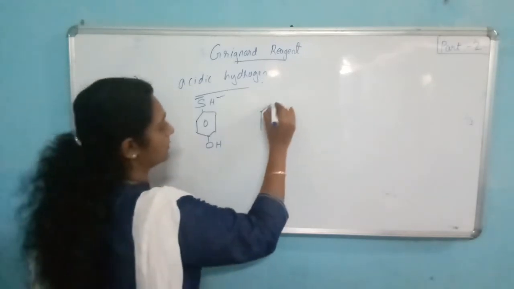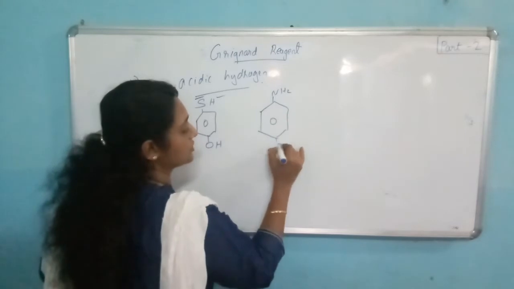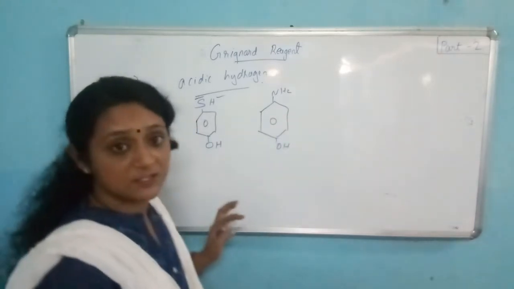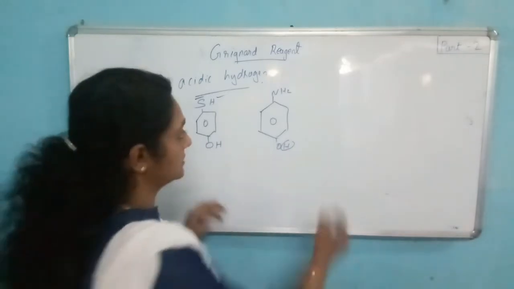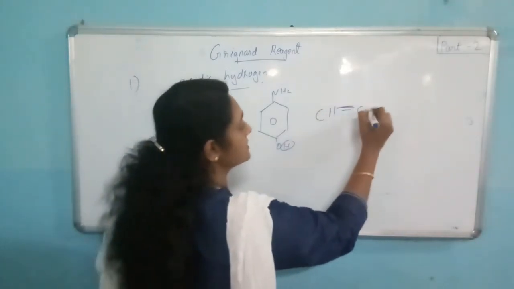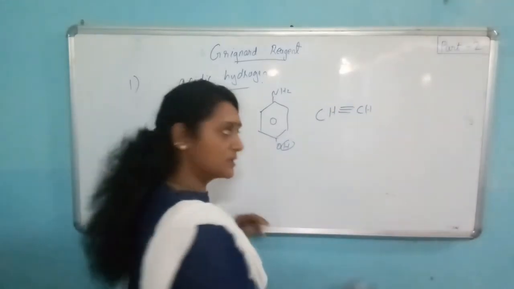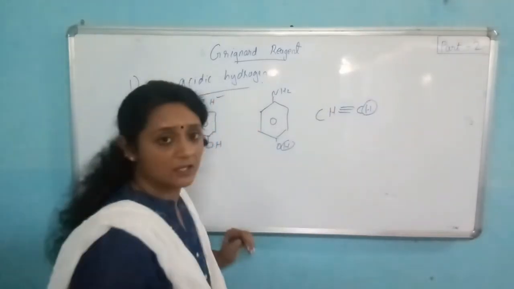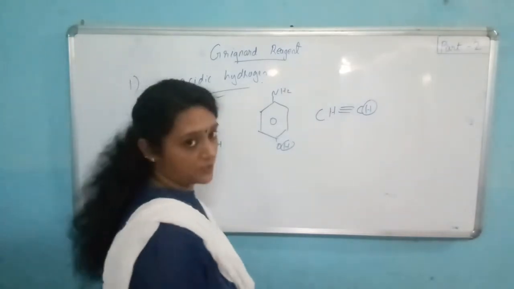Next compound, NH2 and OH. From where is H plus removed? Obviously, this is the more acidic hydrogen. And next is acetylene, CH triple bond CH. The acidic hydrogen is easily accepted by the Grignard reagent.